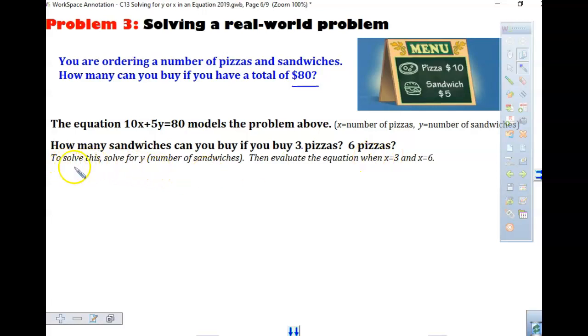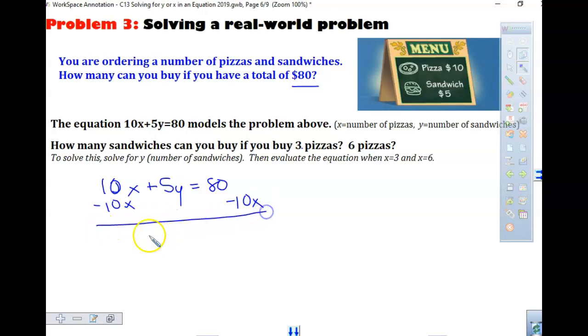So first thing it says to solve the equation for y, the number of sandwiches. So we're going to start with our equation, which was 10x plus 5y equals 80. And we are going to solve this to get y by itself. So we're going to subtract 10x from both sides. Again, I don't put it right below the 80 because they are not like terms.